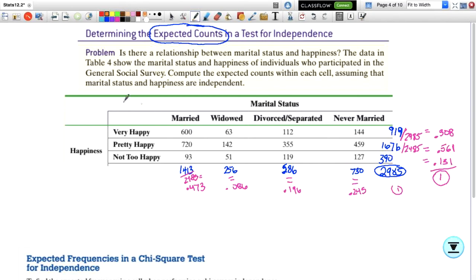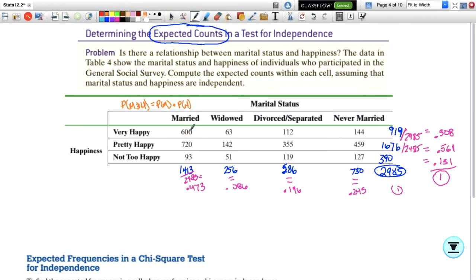So in order to have the probability of being married and happy, we would have to find the probability of being married, the probability of being happy, and then maybe you remember, hopefully you remember, that the word and means that we multiply them, okay? This is the multiplication rule of probability, that if you would use the word and when describing them, meaning that they would overlap, okay, then you would just take the probability of one, the probability of the other, and multiply them together.